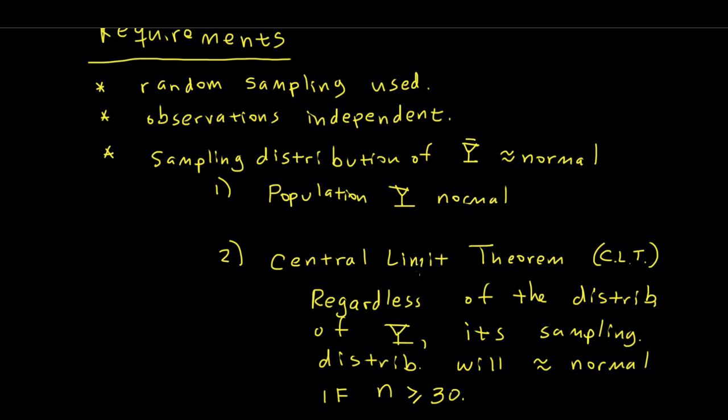You're looking for that word random. Observations independent. That may require some knowledge of the field and how that variable or that population works. But for the purpose of our course, we will just assume that that is true, or I may be giving you that information again in the sampling description.